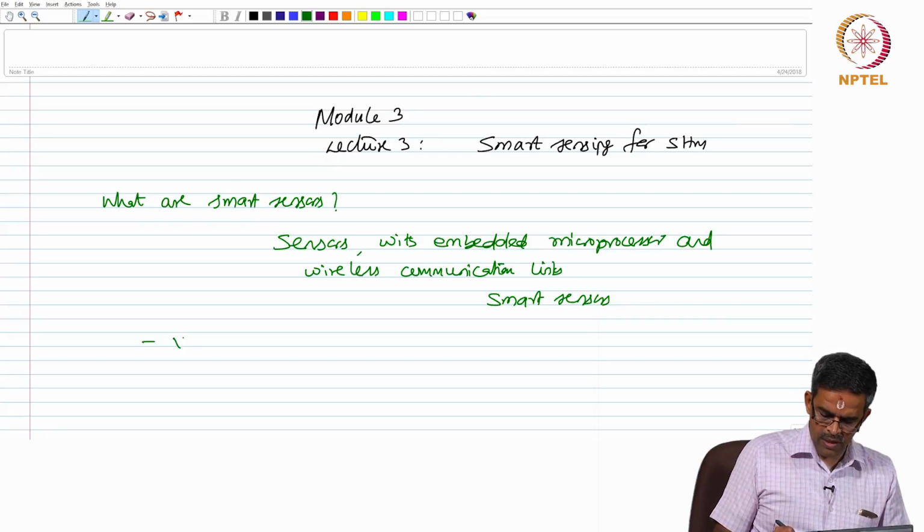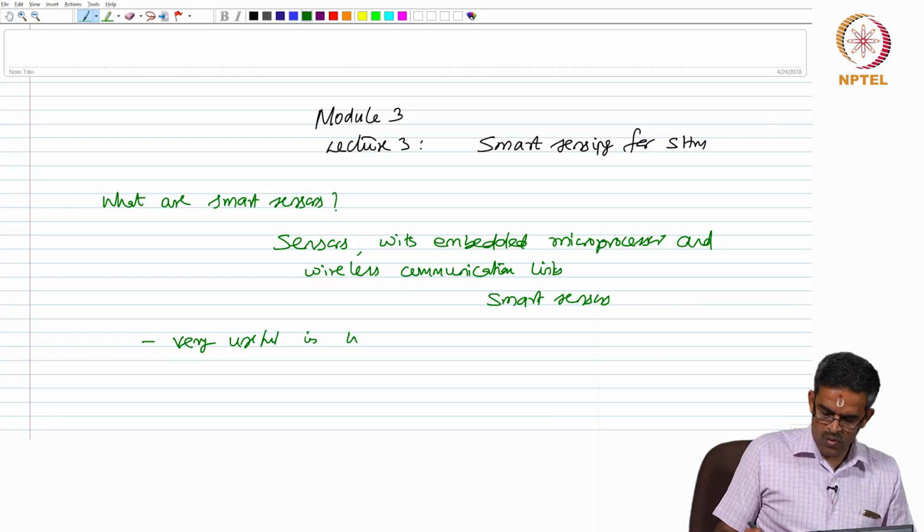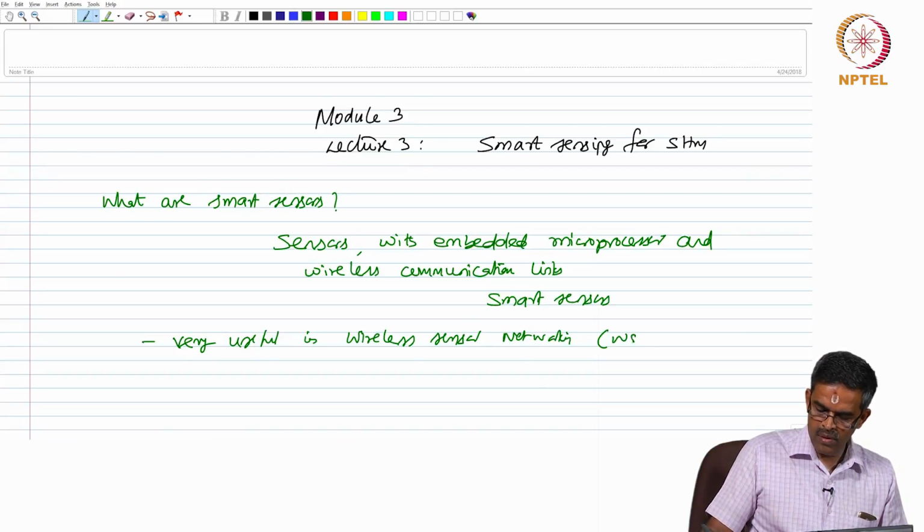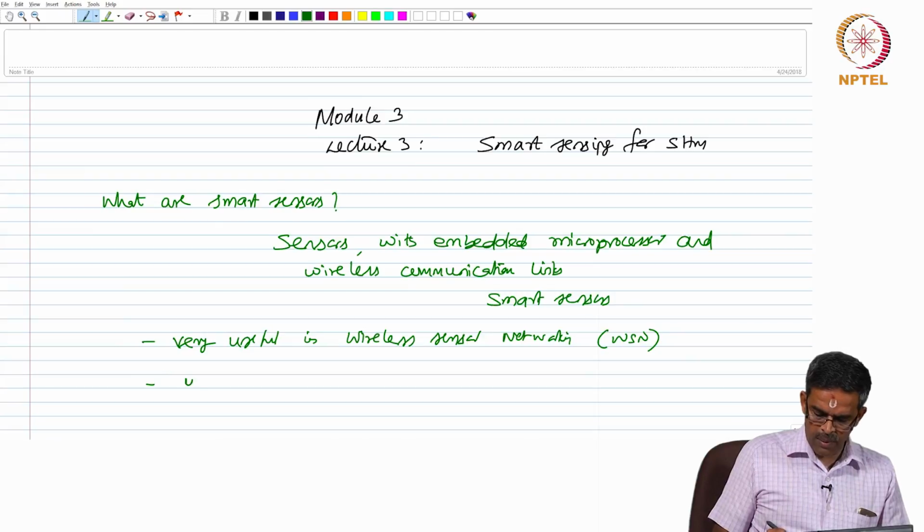Smart sensors are very useful in wireless sensor networking. This is the most updated system in structural health monitoring scheme.